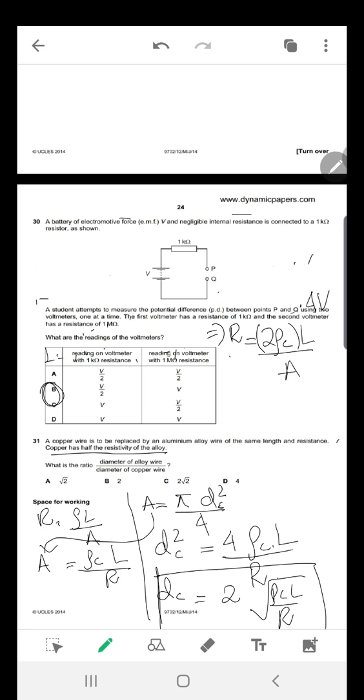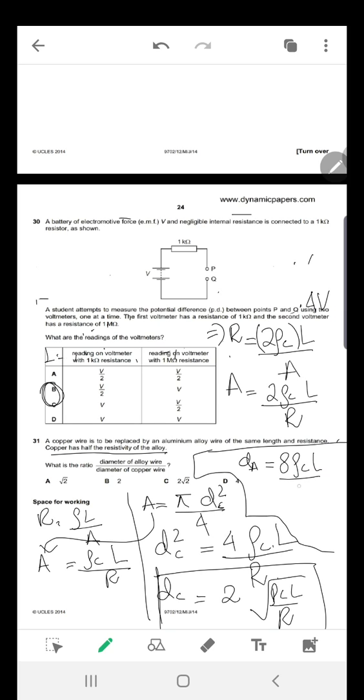Now my area is equal to 2 rho C L over R. And my diameter of aluminium will be equal to, since 4 multiplied by 2 is 8, under root 8 rho C L over R.